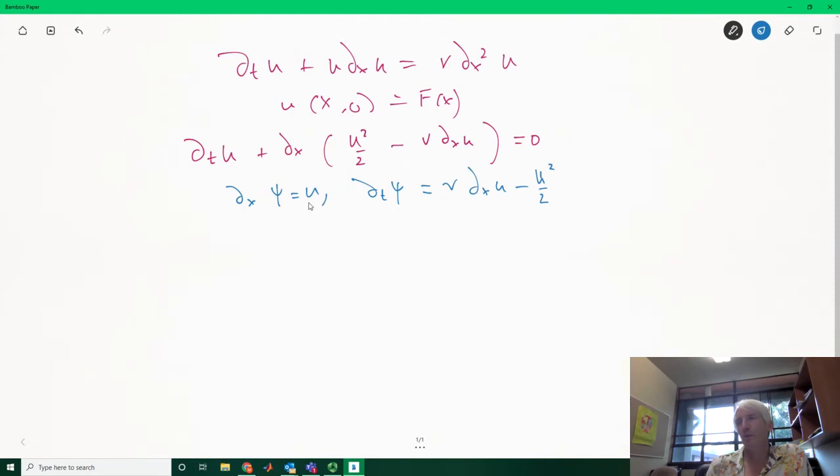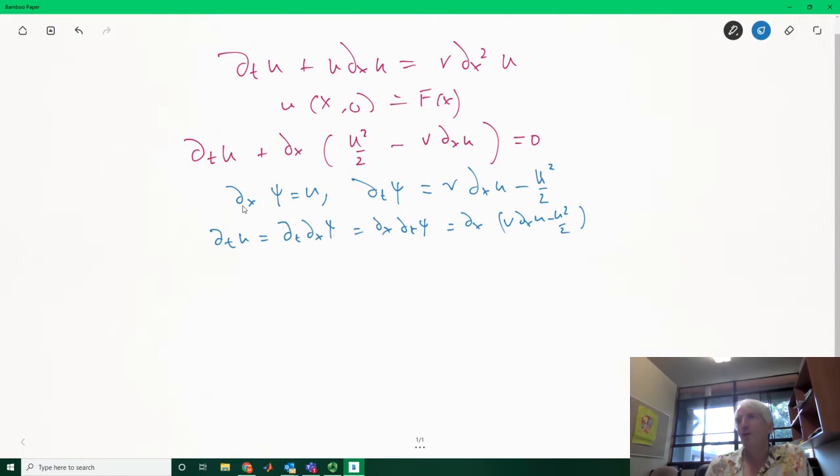d by dt of u is equal to d by dt of d by dx of psi, which is equal to d by dx of d by dt of psi, which is equal to d by dx of nu dx u minus u squared over 2. So if we can find this function that satisfies those two equations, then we're going to solve this equation for u.